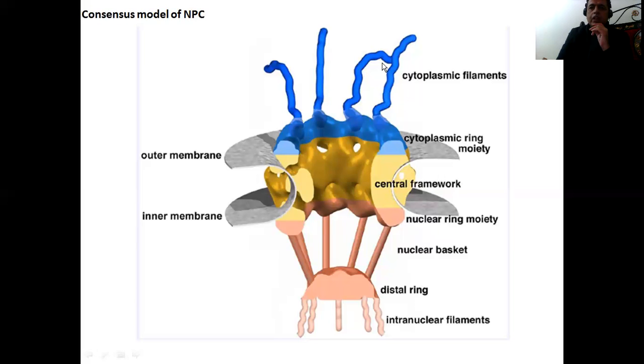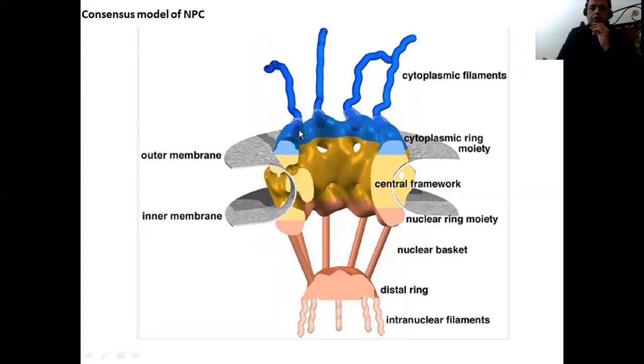There are different cytoplasmic filaments of this particular structure which may help with the cargo. There are 8 different cytoplasmic filaments, and there are 8 different filaments on the inner side, on the nuclear side, beyond the inner membrane. And so these different proteins which are coming together are making this structure.